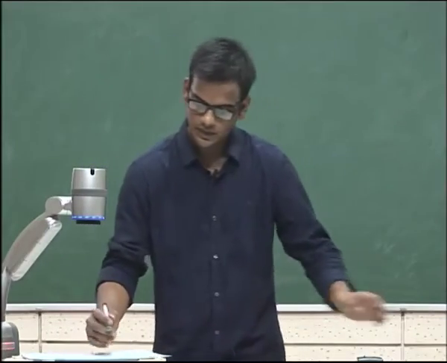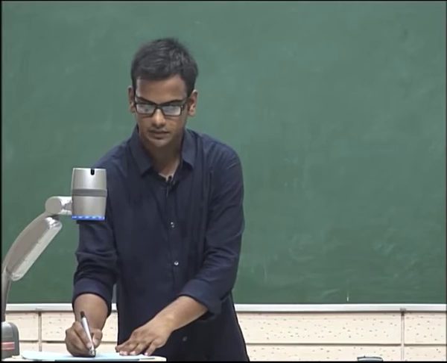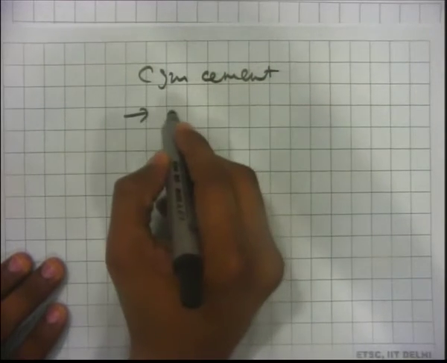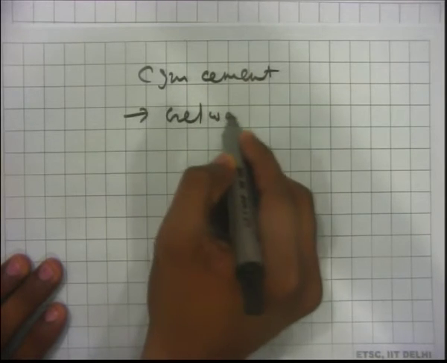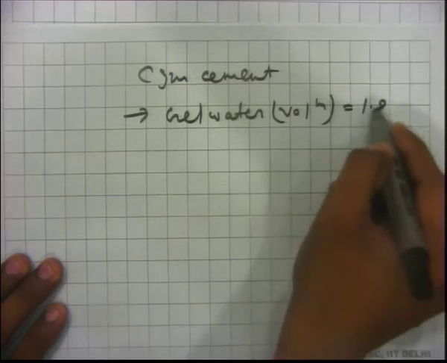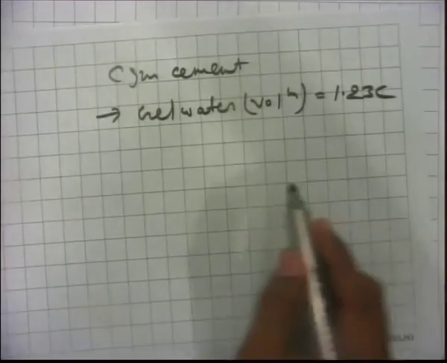So as we have taken C grams of cement, the chemically combined water will be 0.23 C.